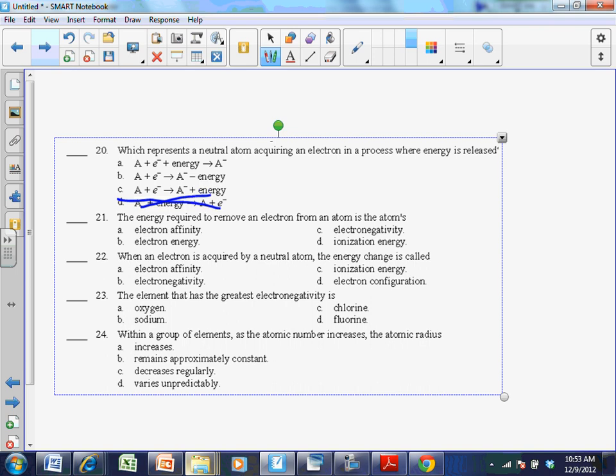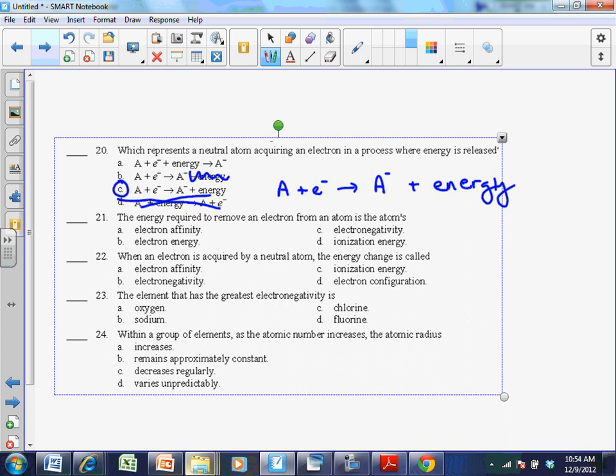It's gaining energy. In choice B, A is gaining an electron, but we never write minus energy. That makes no sense. Okay, so here, choice C is the best choice. A gains an electron, and in the process becomes an A minus ion, and energy is given off.